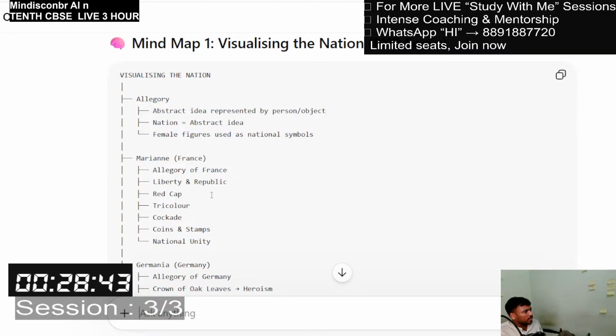Visualizing the nation. Allegory: an abstract idea represented by a person or object. Nation is an abstract idea. Female figures were used as national symbols. Marianne, France: allegory of France, Liberty and Republic; red cap, tricolor, cockade, in coins and stamps indicated national unity.